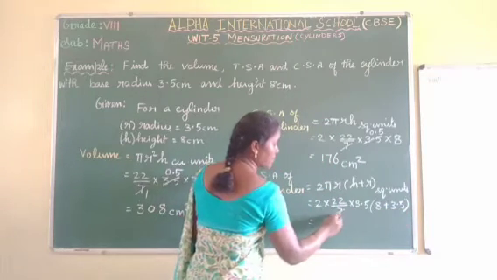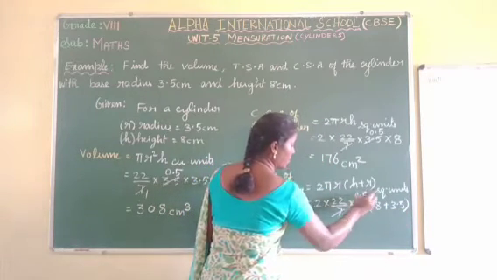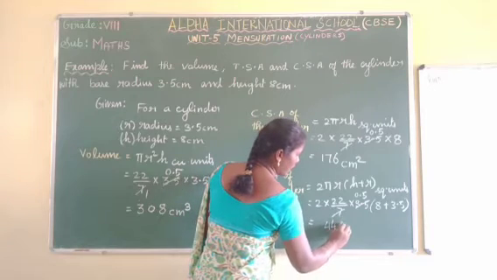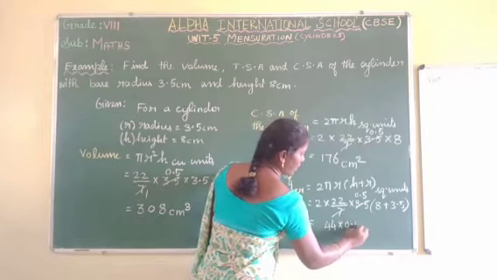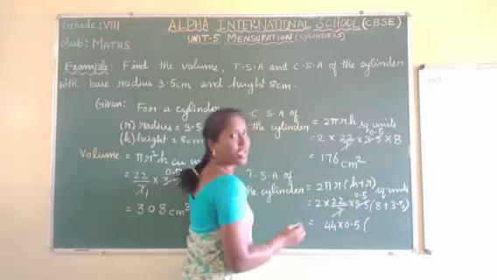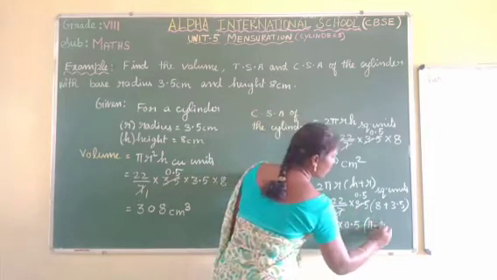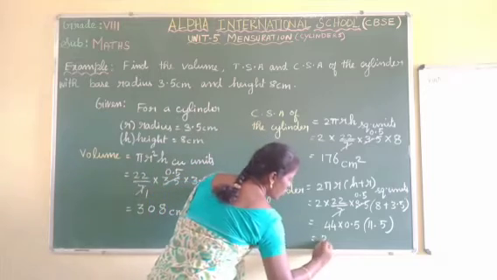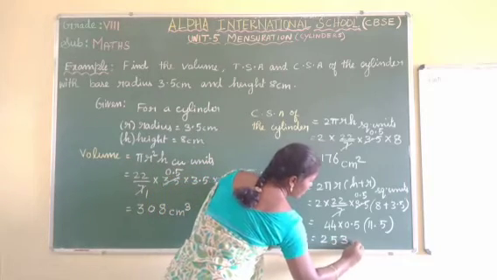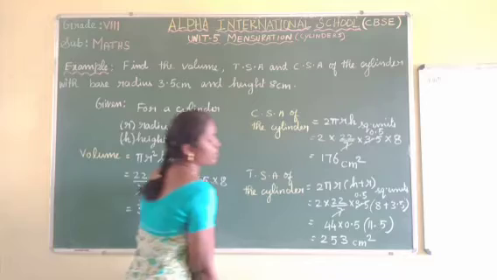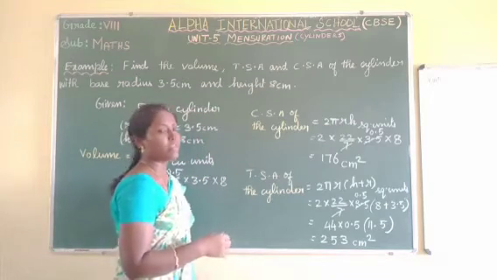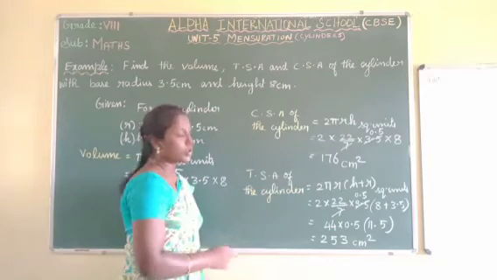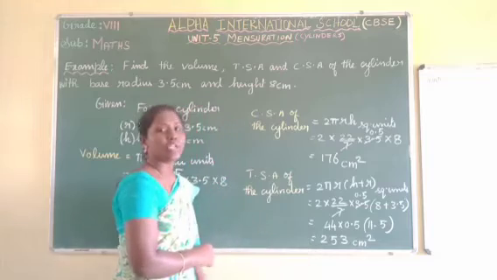Again simplify by 7, 0.5. So 44 into 0.5 and 8 plus 3.5 is 11.5. If you multiply 44 into 0.5, we will get 22. 22 into 11.5, we will get 253 centimeter square.